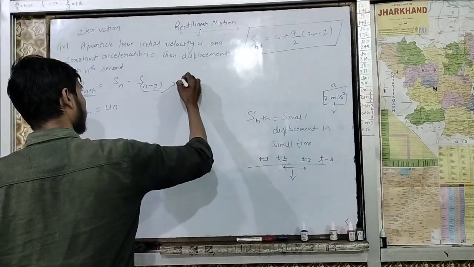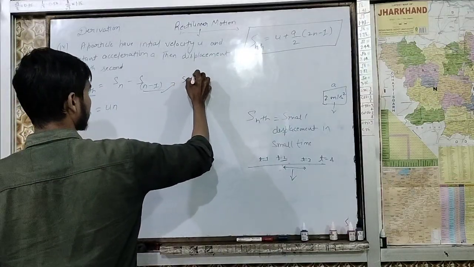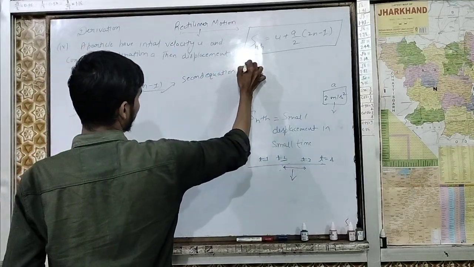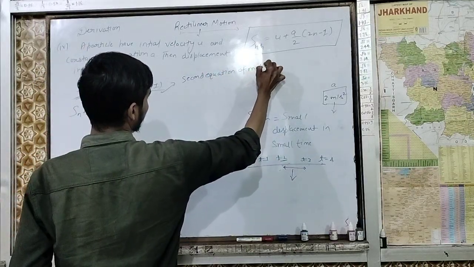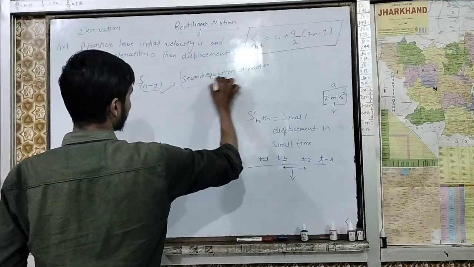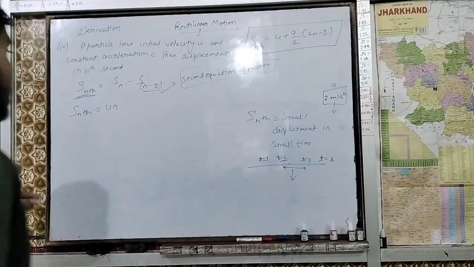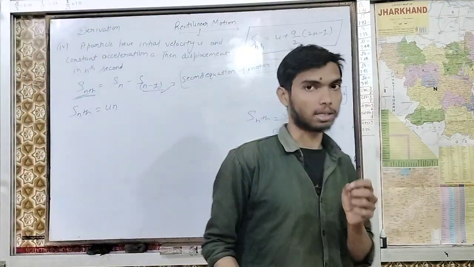Here you will have to apply the second equation of motion, which is S is equal to ut plus half at square. But in the place of t, we have n seconds.